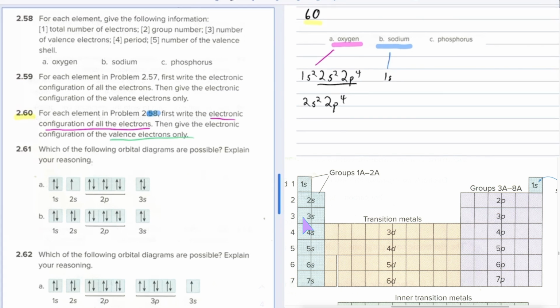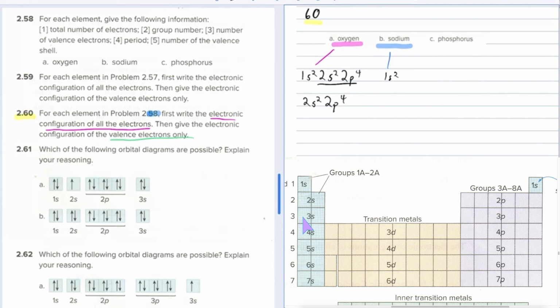That was 1s2, 2s2, 2p6, 3s1. Now, if you wanted to give the noble gas notation of the electron configuration, you would see that this part is the same as the electron configuration of neon.